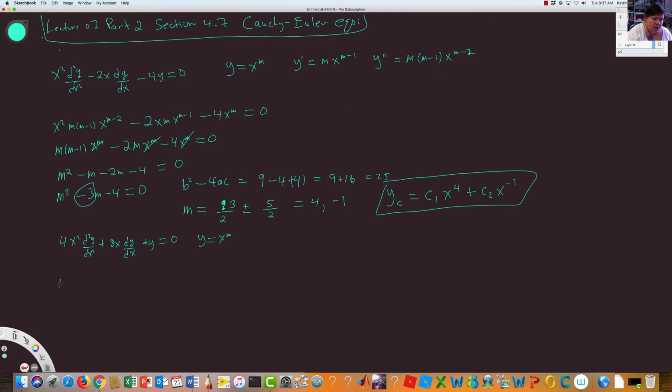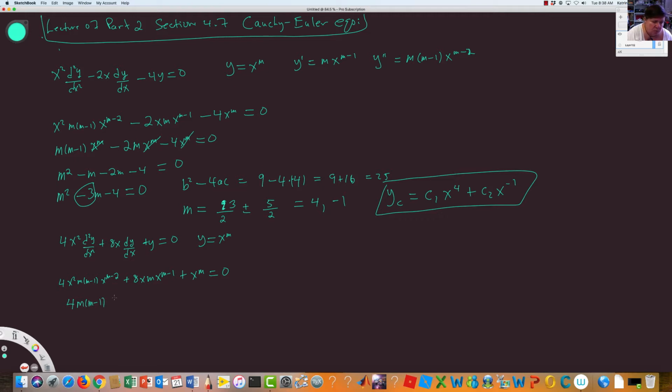So we have 4x squared m minus 1 x to the m minus 2 plus 8x m x to the m minus 1 plus x to the m equals 0. And just going to quickly combine these. You can see that this is always going to happen on a Cauchy-Euler equation. We're going to get x to the m on every term, and we can cancel that.